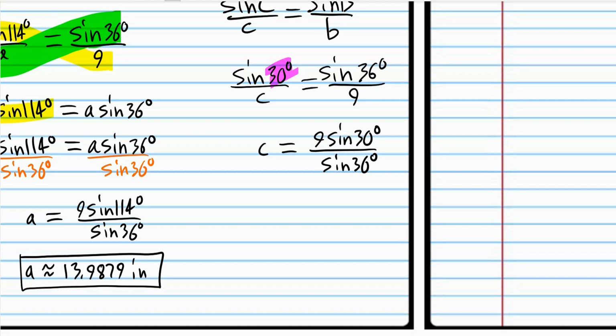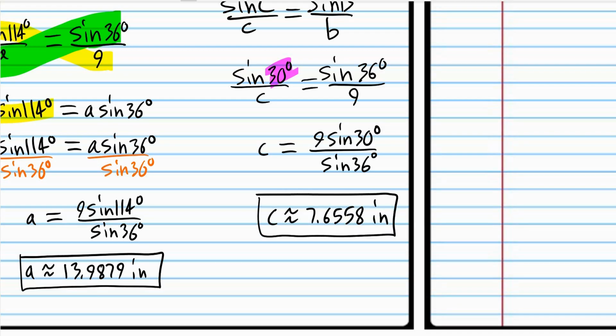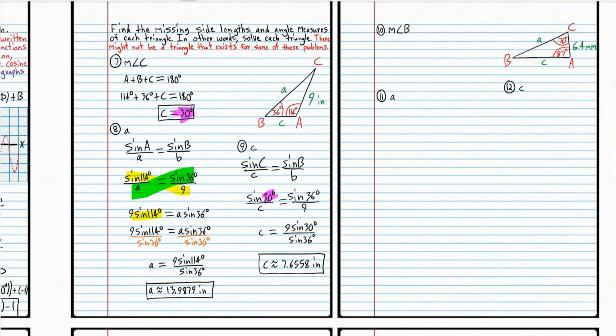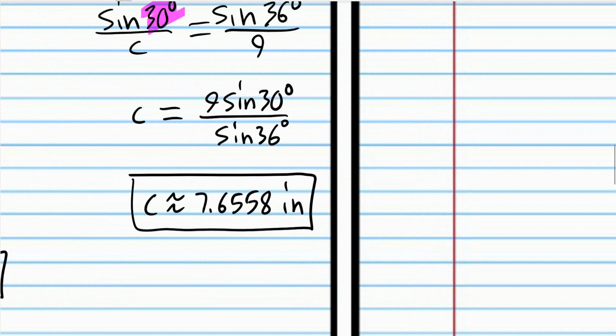And I'm going to write that 36 a little more legibly. So we get 7.6558 approximately inches. So the problem doesn't tell us what to round off to, so we can use our own discretion. And technically, if we're going to round, that should be a 9.